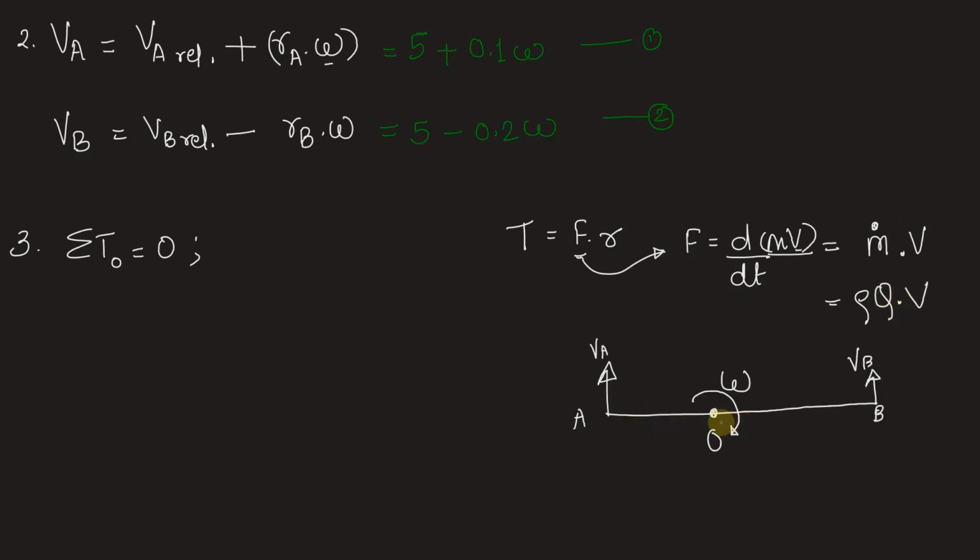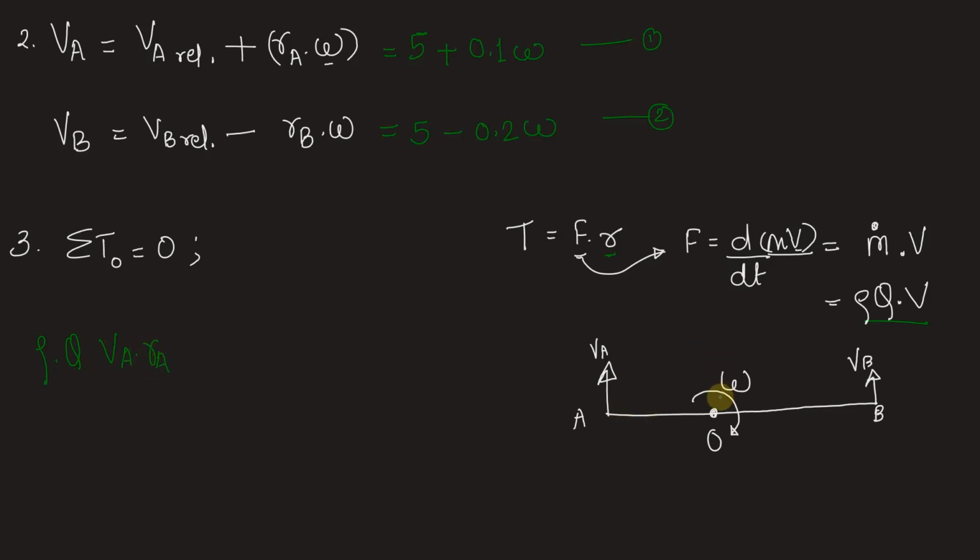From this figure, if we take the summation of torque about point O, what will we get? We get mass flow rate at A into velocity at A into the distance. So writing this for point A, we get rho into Q. Rho and Q have same values at point A and B. So let's keep it rho Q into VA into RA.